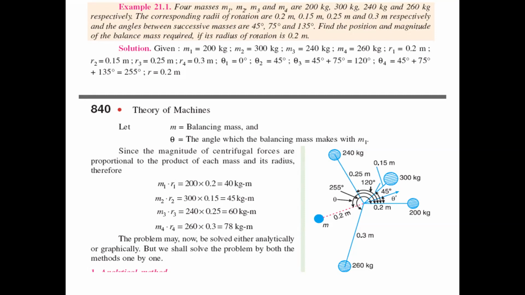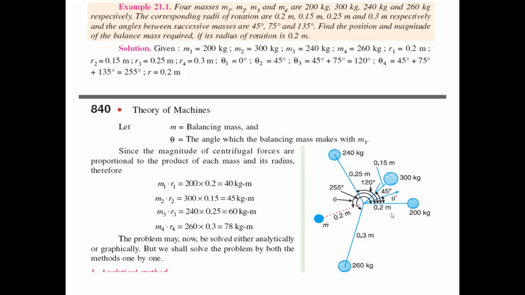So the first mass angle is considered as 0, the second is 45, from m2 to m3 is 75, and from m3 to m4 is 135 degrees.